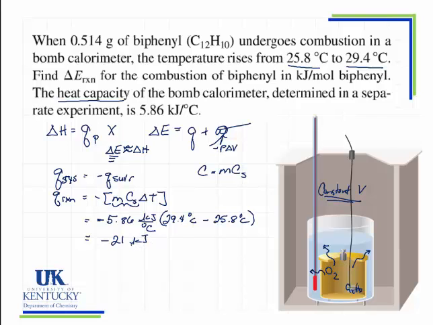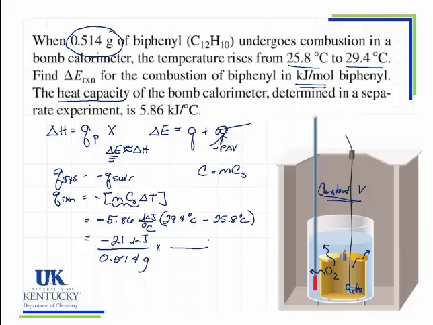Now this is the heat of the reaction, but it's only for us burning this much biphenyl. They want it for a whole mole of biphenyl. So we have to keep in mind at this point that this is how much heat is generated per this many grams. So it's a ratio that I know to be true. This much energy is given off when this much reacts.